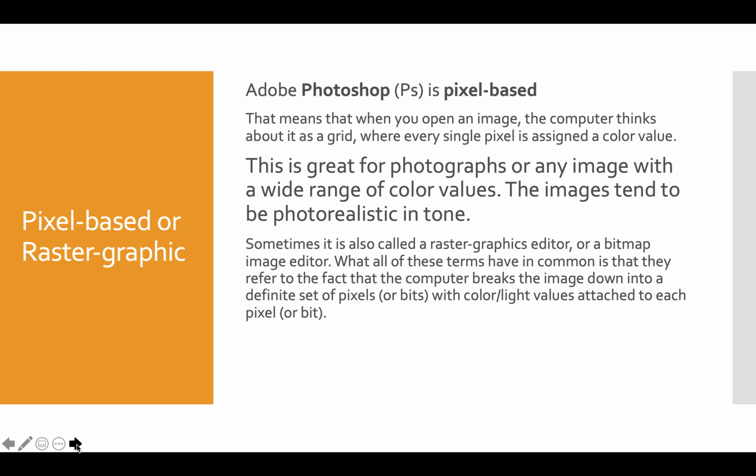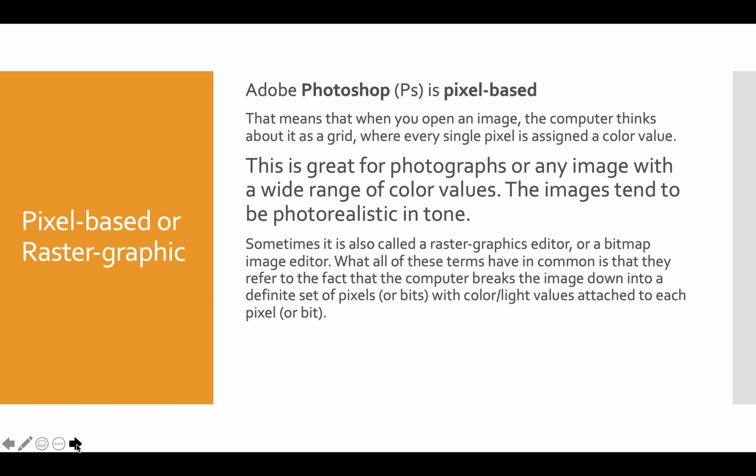Bitmap is another way of saying the same thing. It's called raster because one of the things you'll see is that if you bring a vector into something like Photoshop, which you can do, you can bring in an Illustrator file, it's going to convert it into the grid, and it's going to set exactly where all those little dots are going to fall in your big grid.